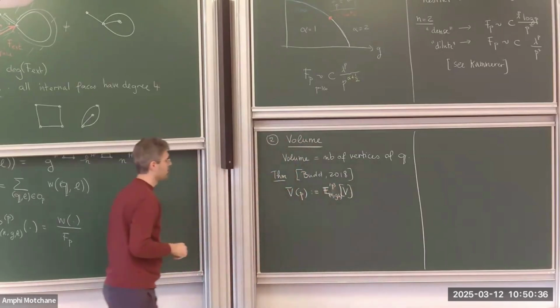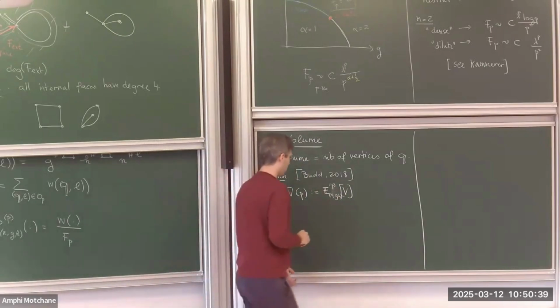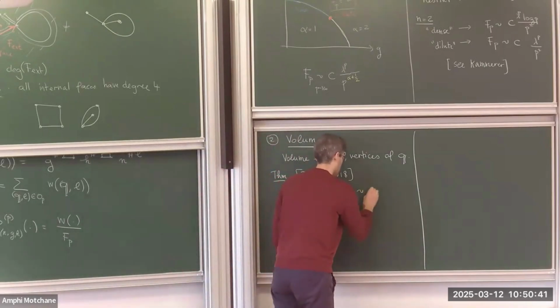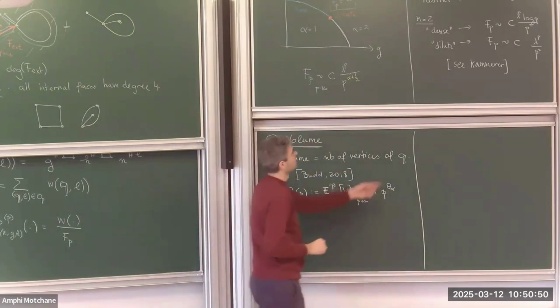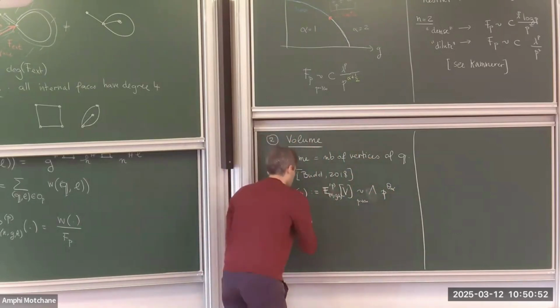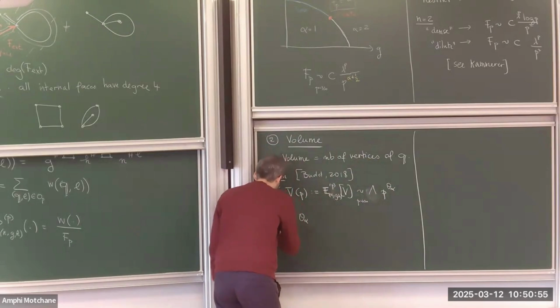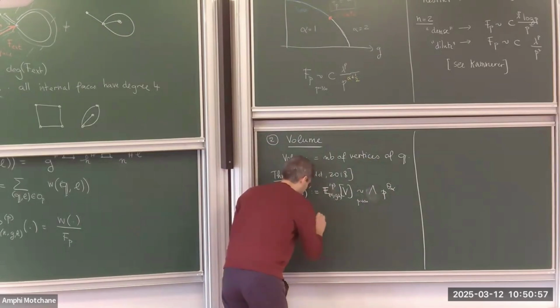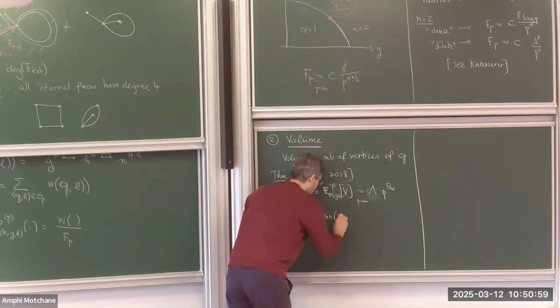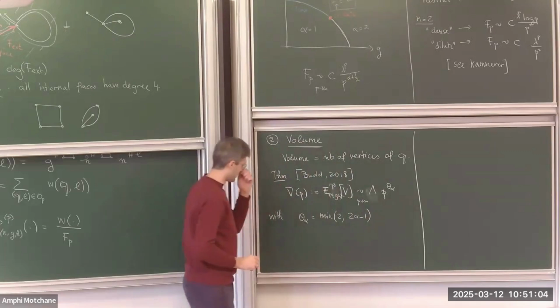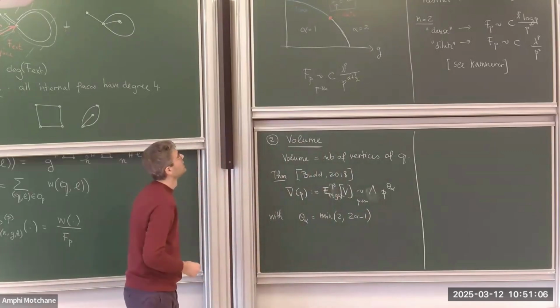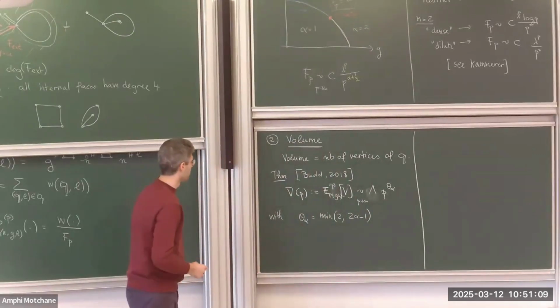And we're starting from fixed perimeter P. Then this behaves as a constant times P to some power, depending on this alpha, which is given by the minimum between 2 and 2 alpha minus 1. Okay, so it's in simple relation with this exponent alpha.